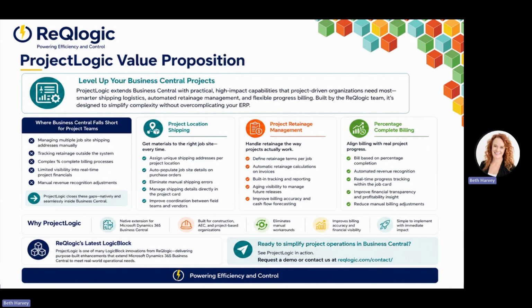When you look at this, where it really helps is where Business Central falls short. They aren't able to actually manage multiple job shipping addresses. There's no ability to track that retainage outside of the system. Complex percentage complete billing processes are handled within Project Logic. And then we can really help with that manual revenue recognition of adjustments.